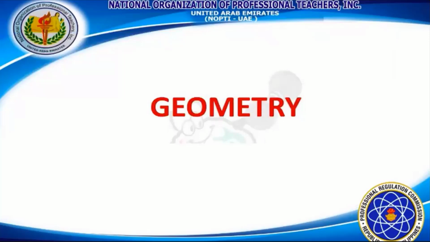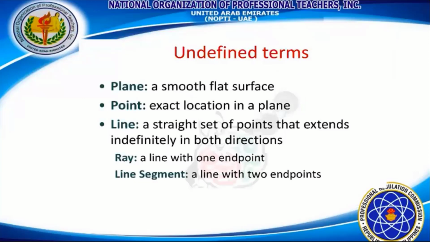So, when I speak of geometry, ito yung mga shapes, pag mga polygons, triangles. Okay? So, plane, this is a smooth, flat surface. Point is the exact location in a plane.